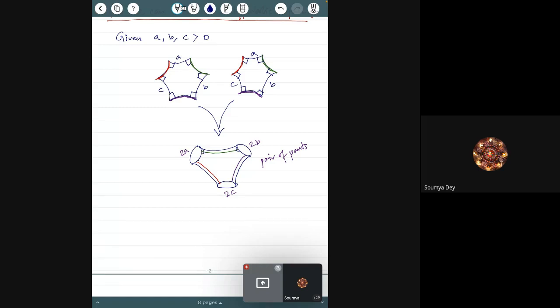All these angles are 180 degrees. So these will be geodesics. Okay. So yeah.